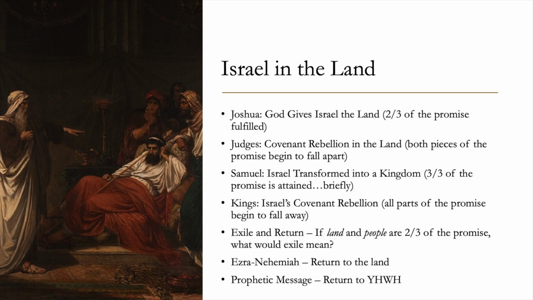So then we get Israel in the land. Joshua gives Israel the land, and so we have 2/3 of the promise fulfilled, right? We have the people, and we have the land. Then in the book of Judges, we have covenant rebellion in the land. If you've ever watched The Walking Dead, you can just imagine that reading Judges is like The Walking Dead, right?